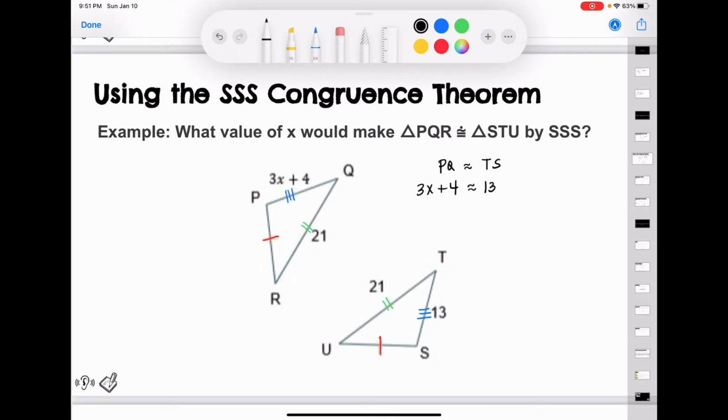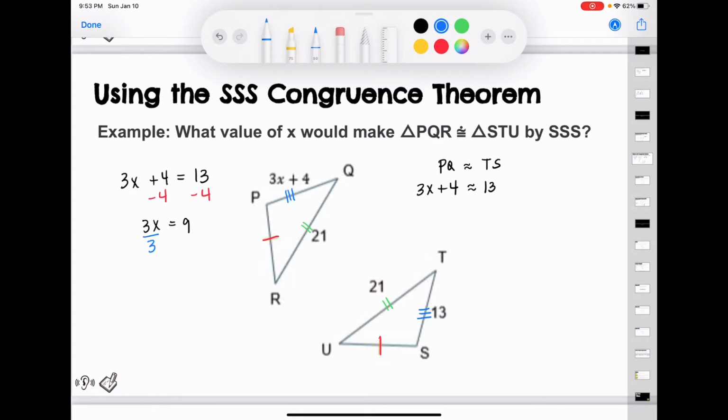Therefore, in order to find what value of x would make these two triangles congruent to each other, we need to solve for x using this equation. So let's go ahead and transfer that to equation form. So 3x plus 4 equals 13. And then we'll use our algebraic processes to solve. So minus 4 gives me 3x equals 9.